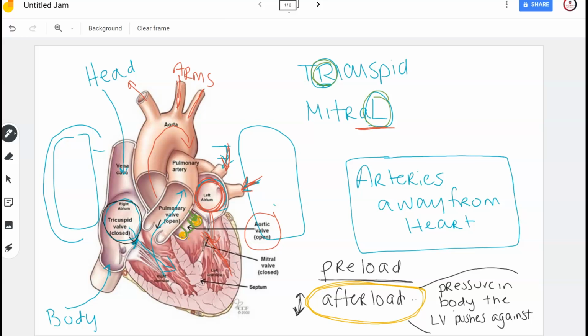So you want to be within a narrow range between not too much afterload and not too little afterload. If it's in that good range, you have a good blood pressure, your system's working fine. Once you have a derangement that screws with the preload, the afterload, or both, then that's when you start to run into shock states or acute pulmonary edema and a lot of other issues. So that's your basic anatomy side for review.